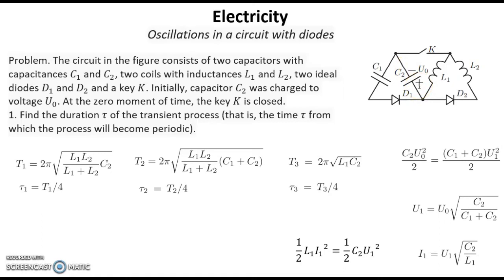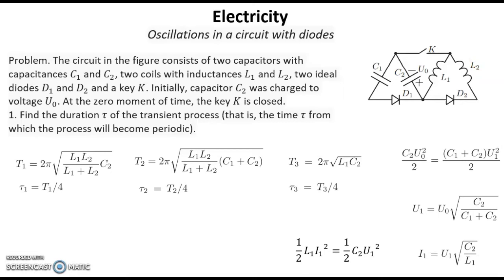So that's the process. And let's calculate at which time we have maximum voltage on this capacitor. It will be at the moment when this current and this current are equal to each other.